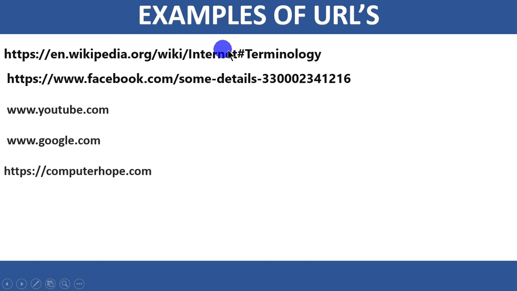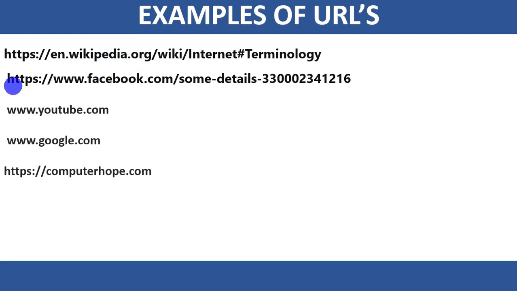So we have this Wikipedia website, and the first information that you see is the HTTPS, the hypertext transfer protocol. This is the protocol that helps to identify the right web page for you, and this is the domain that helps you to identify whether you want to open Wikipedia. So this is the domain, and we have the subdomain. This is the extension of this domain.